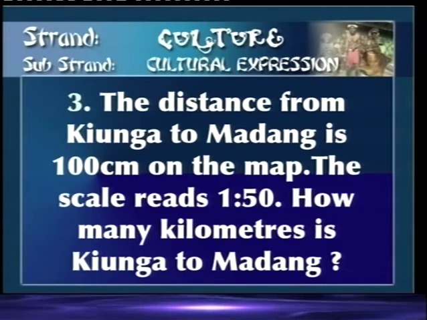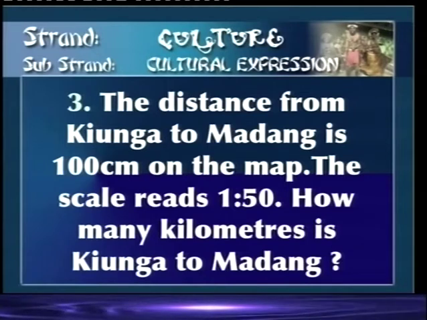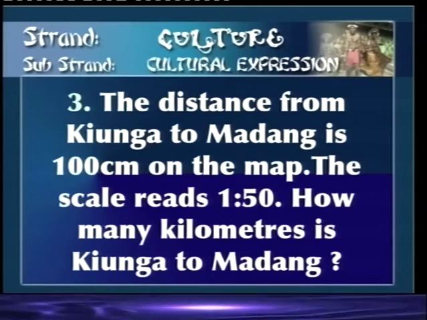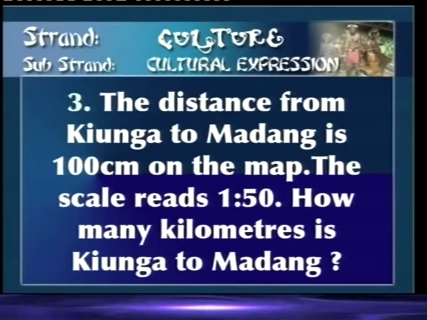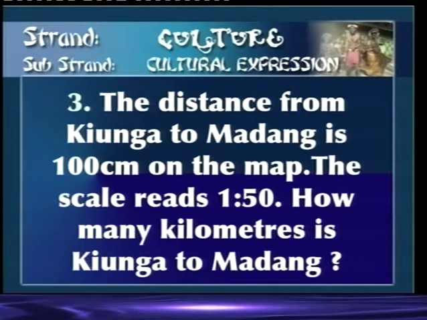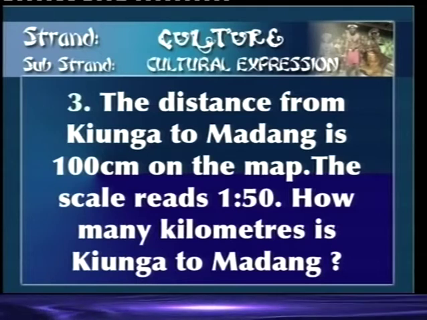How many kilometers is Kiunga to Medeng? Again, the distance from Kiunga to Medeng is 100 centimeters on the map. The scale reads 1:50. How many kilometers is Kiunga to Medeng?